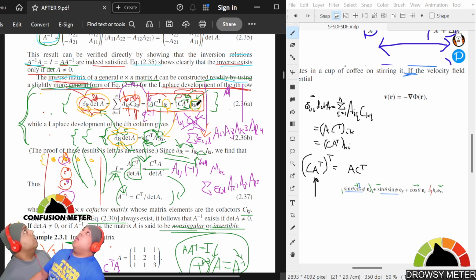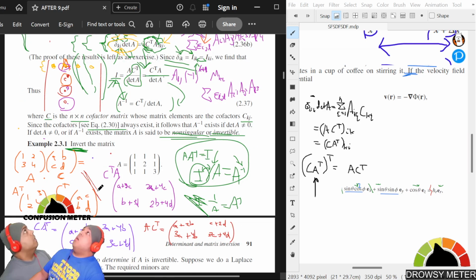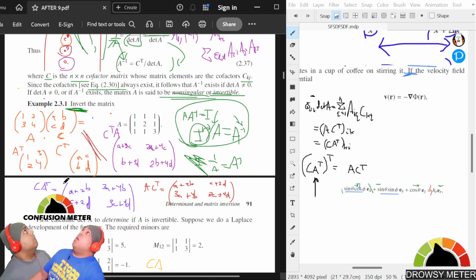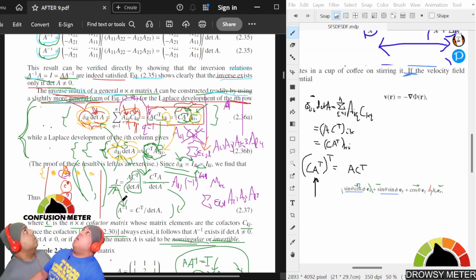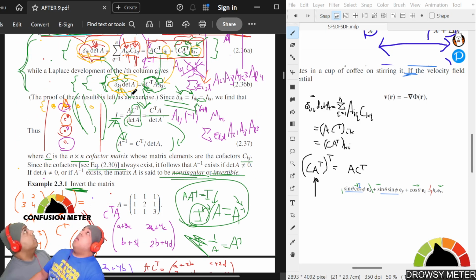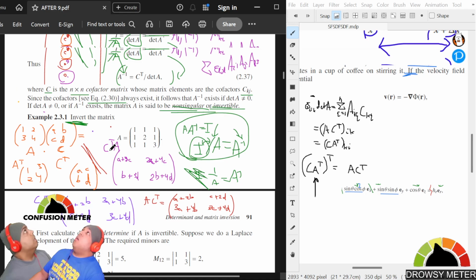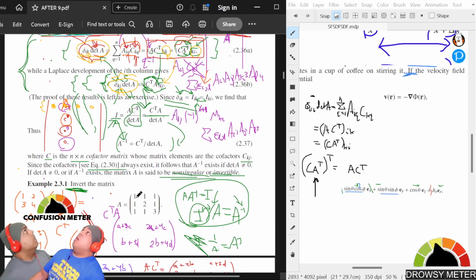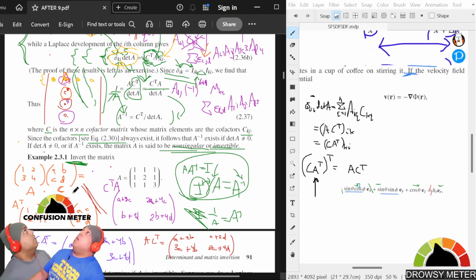If i equals k, then this is ii, so 1,1, 2,2, 3,3, 4,4. That's just the diagonal elements in a matrix. So the diagonal elements of CAT are equal to the determinant. So the determinant is A plus 2B, 3C plus 4D. Determinant of A.